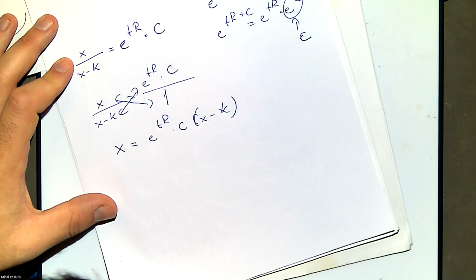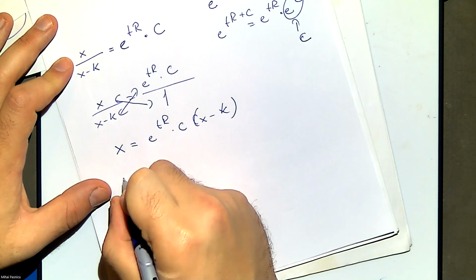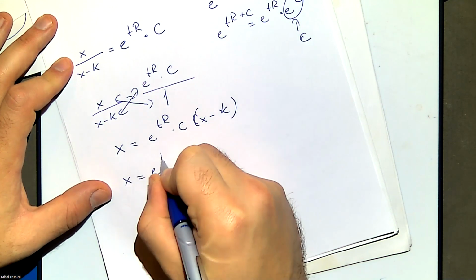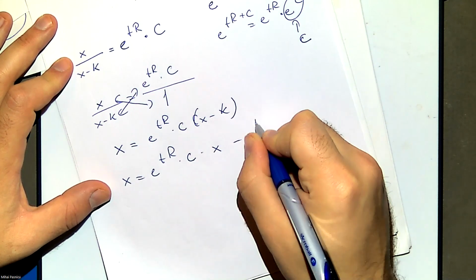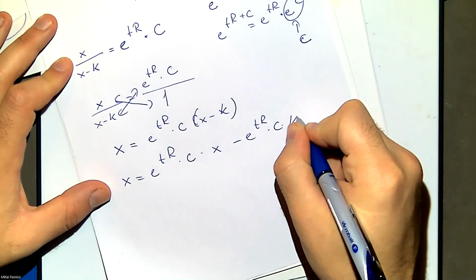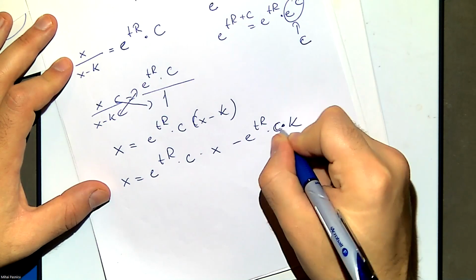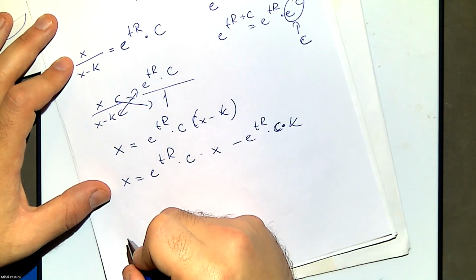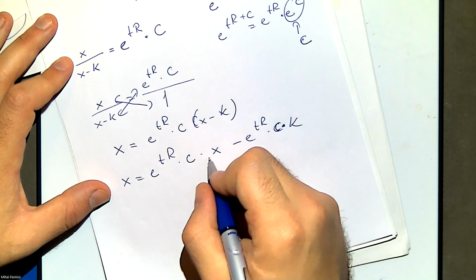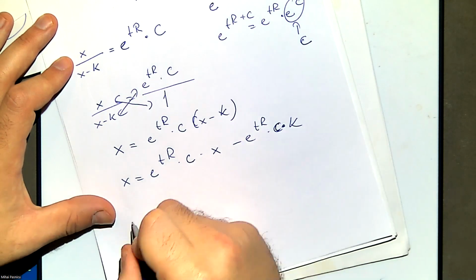I kind of lost faith at some point, not gonna lie. x is equal to e to the t times a constant times x minus e to the t times a constant times k. I even forgot what I wanted to say. Okay, so now I just move x to the other side.